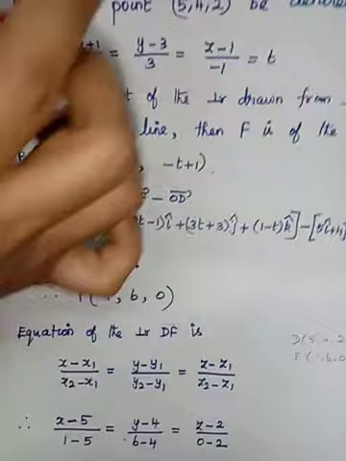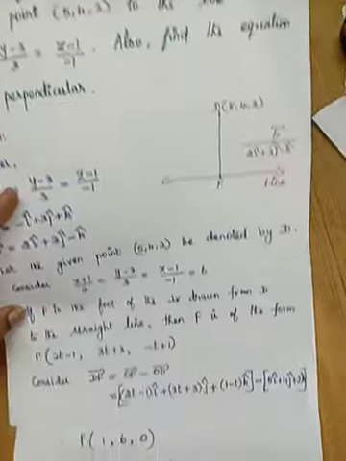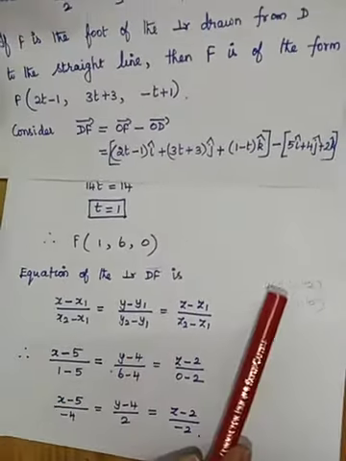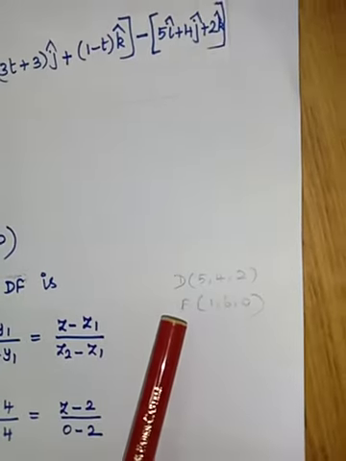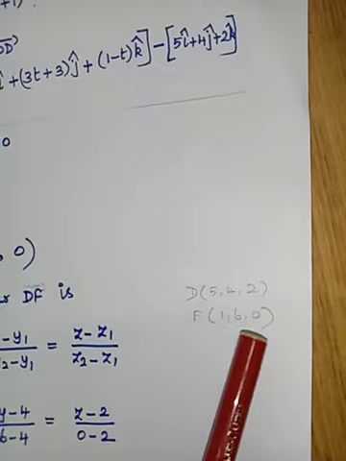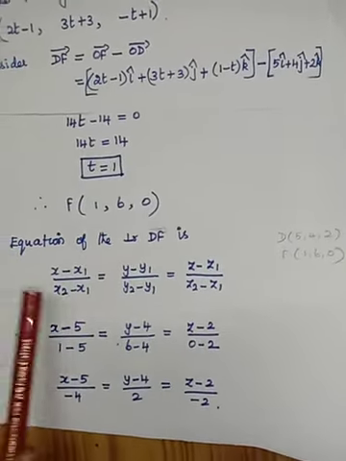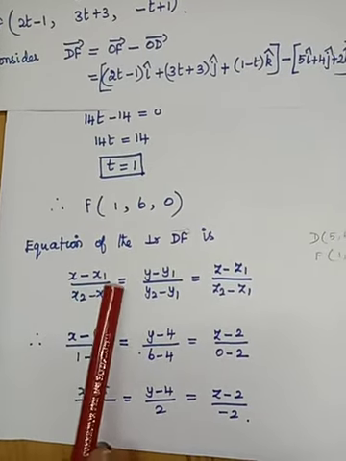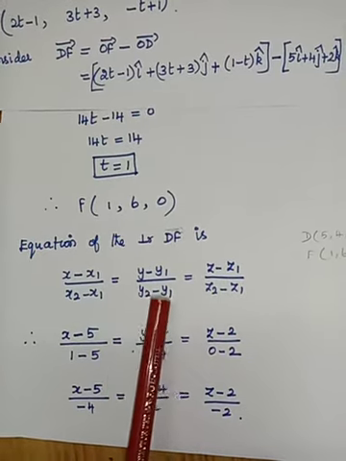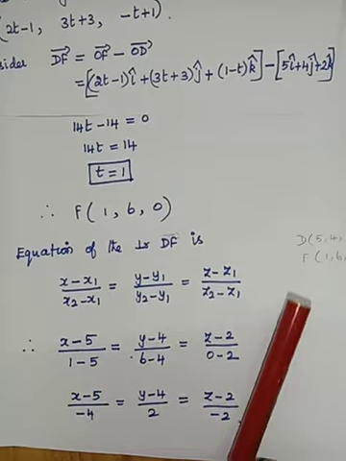Next, what is asked? Find the equation of the perpendicular line. Which is the perpendicular line? DF. So you are going to find DF. What is the D point? Here (5, 4, 2). What is the F point we have found? That is (1, 6, 0). How many points do you have? 2 passing points. Therefore, you can use the formula (x minus x1) divided by (x2 minus x1) is equal to (y minus y1) divided by (y2 minus y1) is equal to (z minus z1) divided by (z2 minus z1).